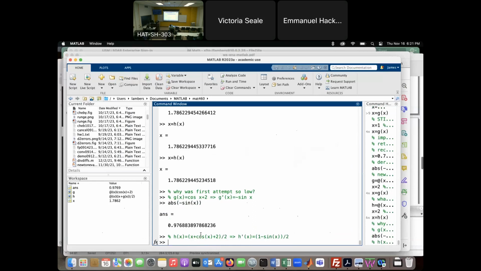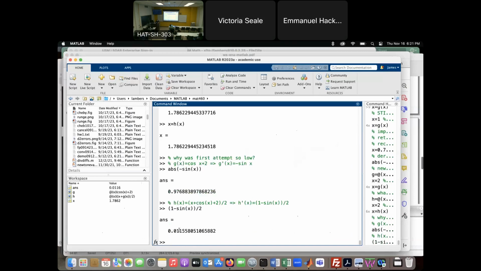So if I do that, I get something nice and small. By taking the average of 2 iterates, I created a new g, but really I call it h of x, whose derivative near the fixed point is quite small. So I'm basically gaining 2 correct decimal places every single iteration. I'd have full precision within 8 iterations if I continue.